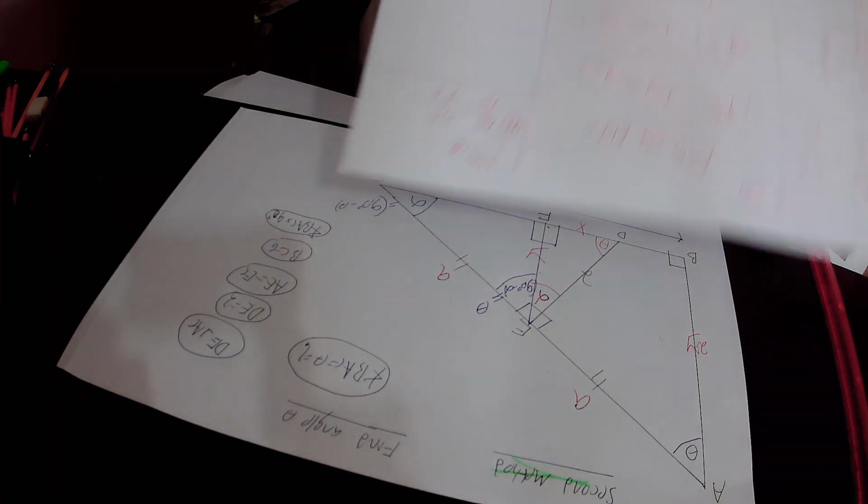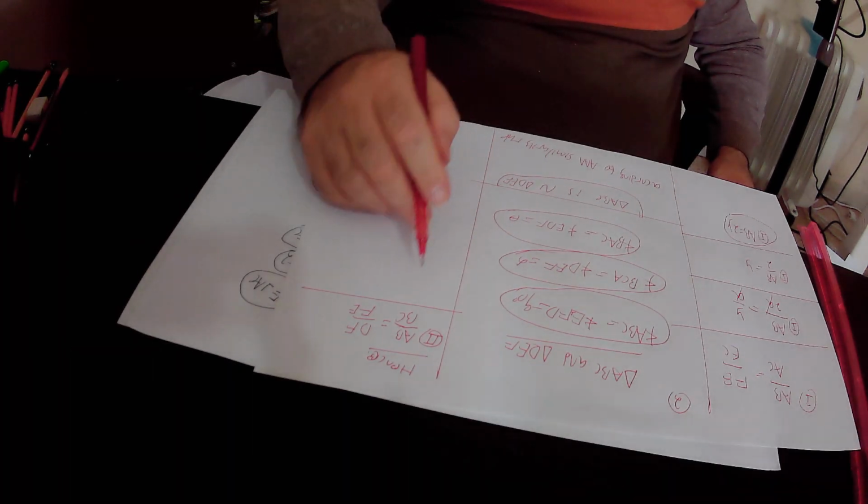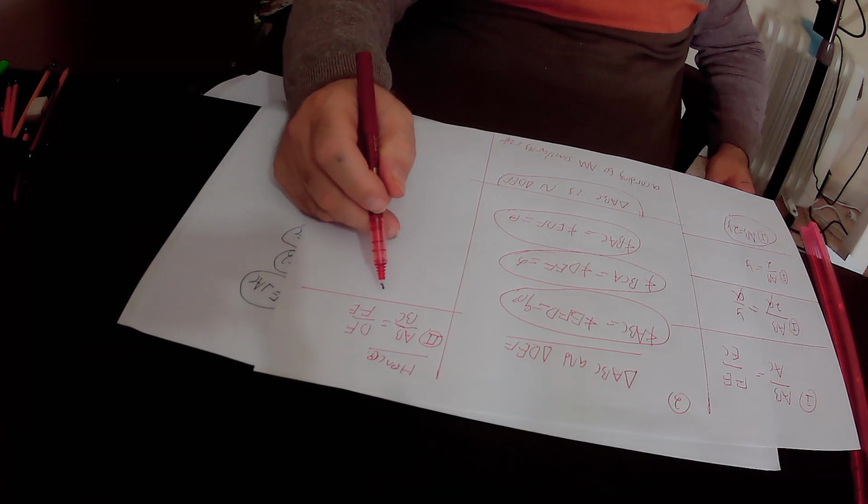I'll repeat again. From the fact that triangle ABC is similar to triangle DFE, we will conclude that AB over BC equals DF over FE.